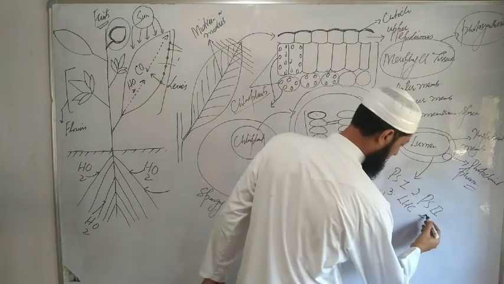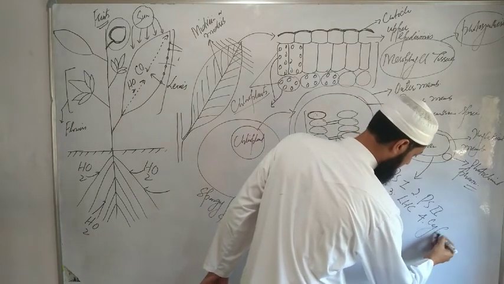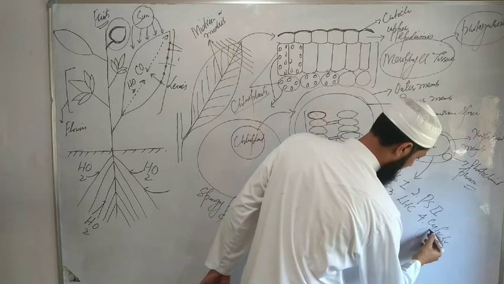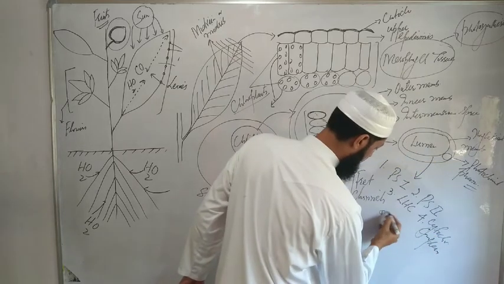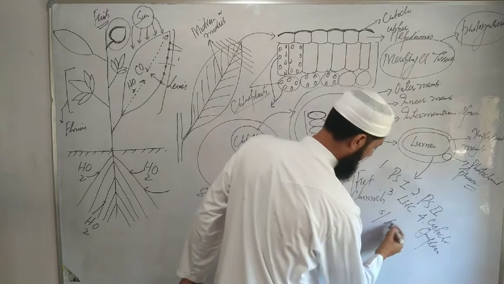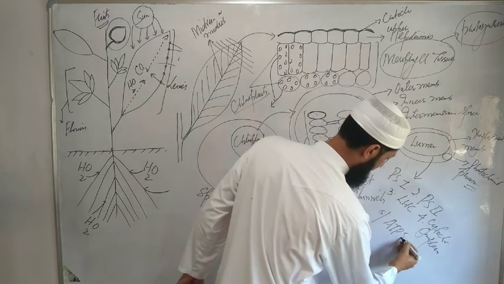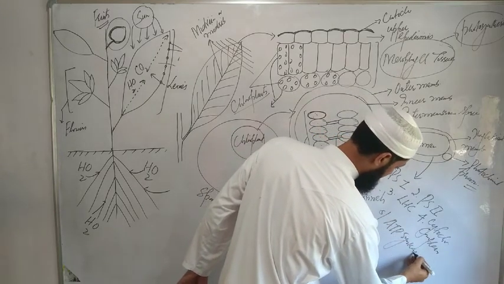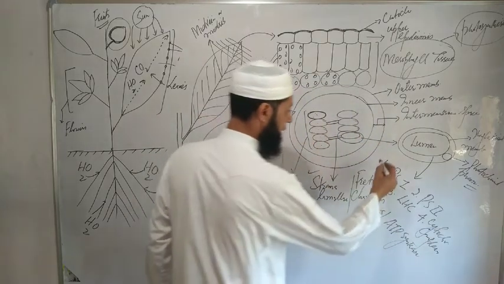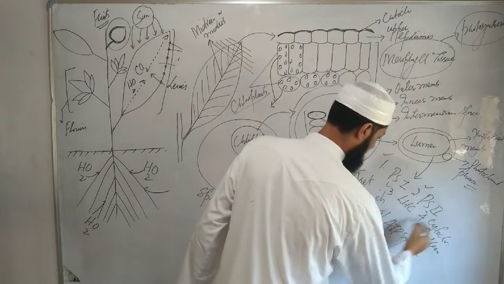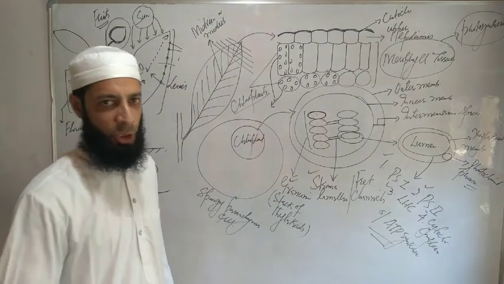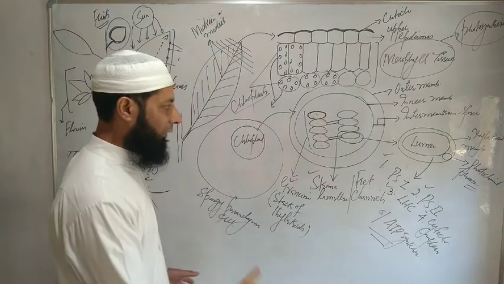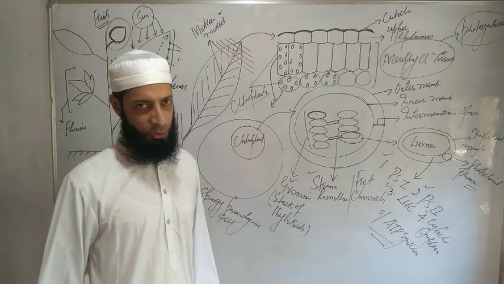It also bears cytochrome complexes. It also bears another one that's called ATP synthase. All these five components are present on the surface of the thylakoids of grana of the chloroplast, where the photochemical reaction takes place.